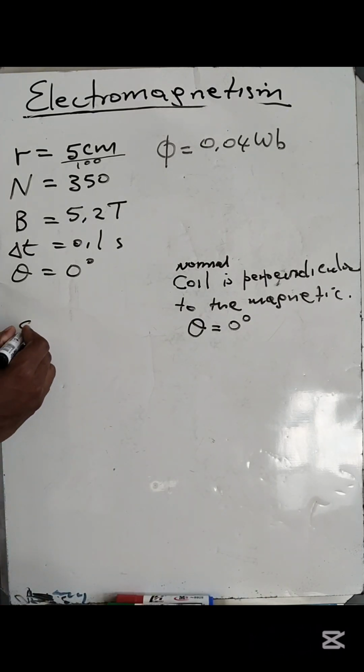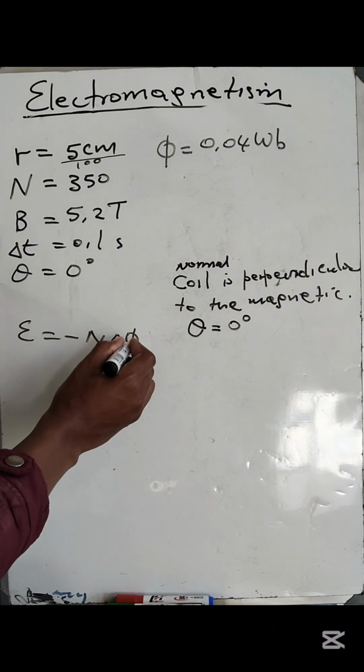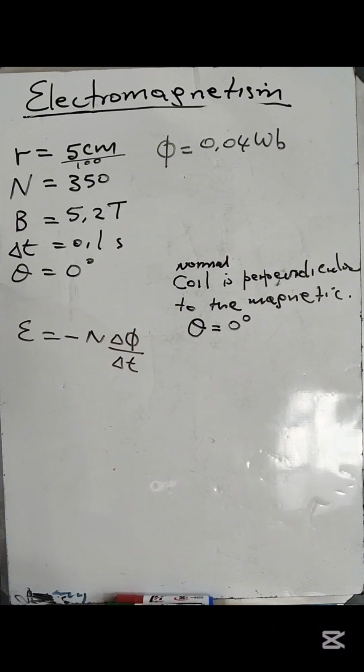So the EMF is equal to negative N change in magnetic flux divided by delta t. They say a solenoid with a radius of 5 cm and 350 turns is pulled out of a magnetic field.